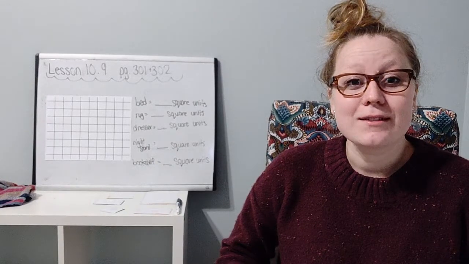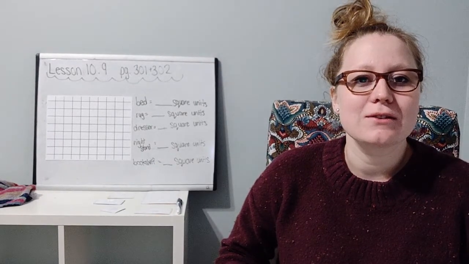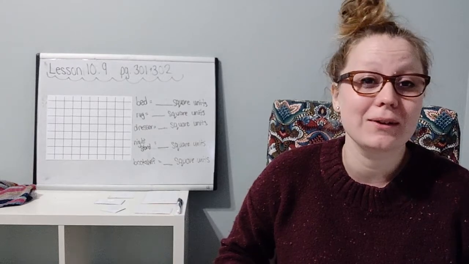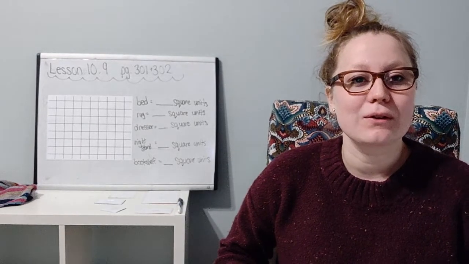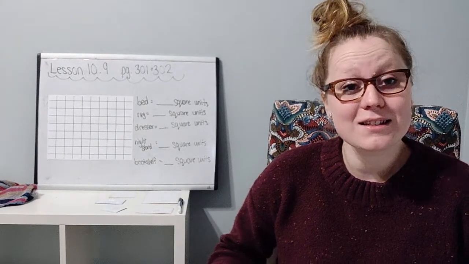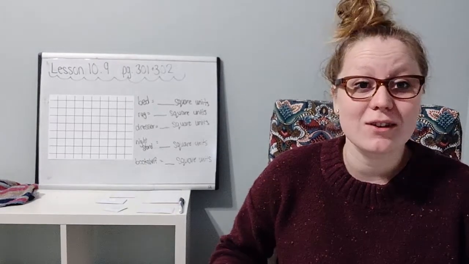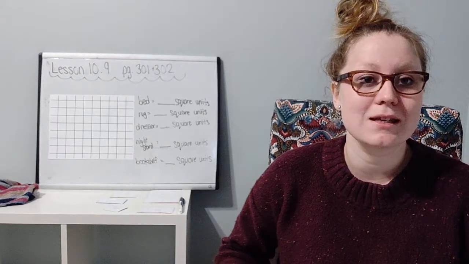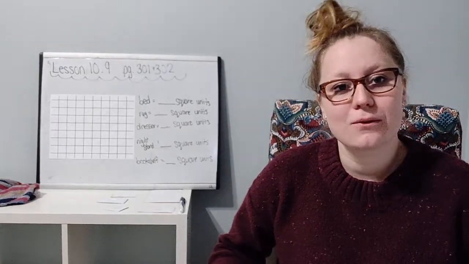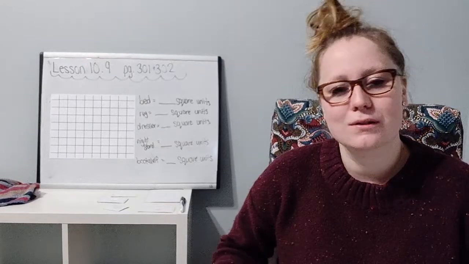Now, today I am going to call it square units. Yesterday, you guys were learning about things in square inches. Square inches are just how we would measure things, just like we would use centimeters or meters or inches or feet.